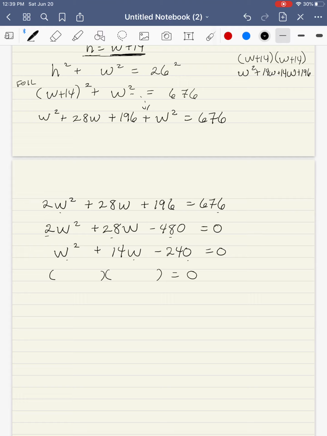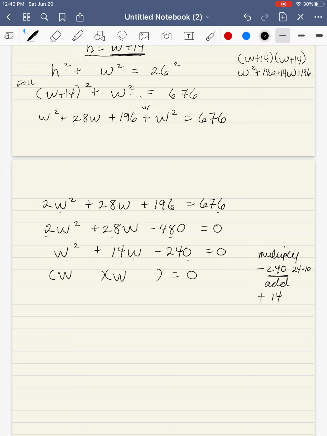So now I try to factor. And because I have plain w squared with no coefficient now, I can just do w and w. And I'm looking for two numbers that multiply to give me negative 240 and add to give me positive 14.